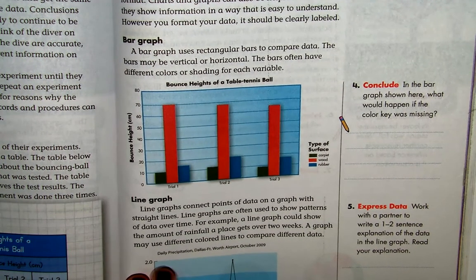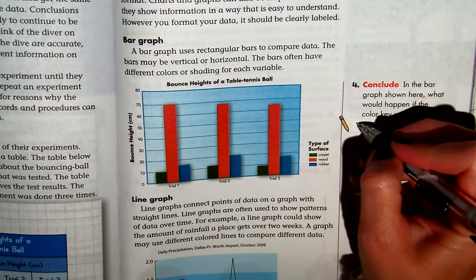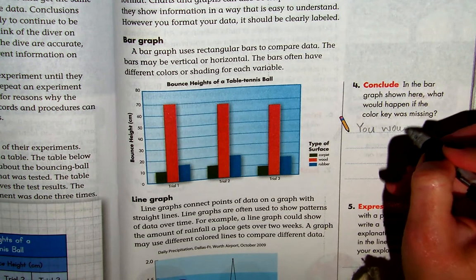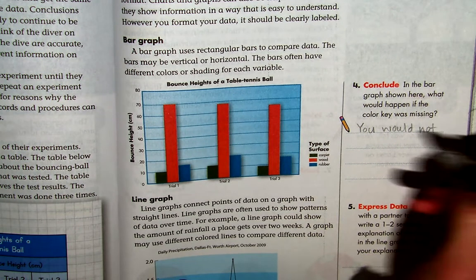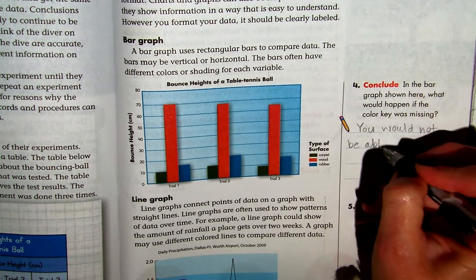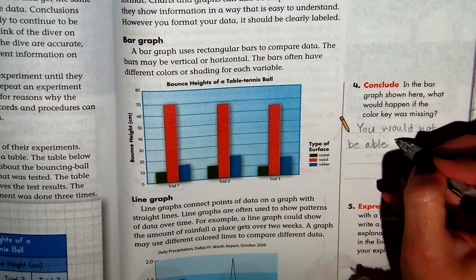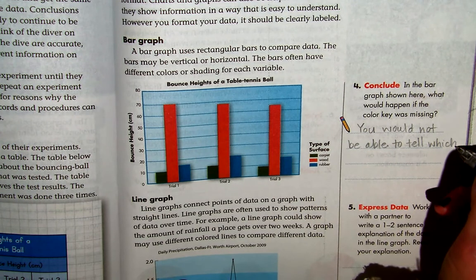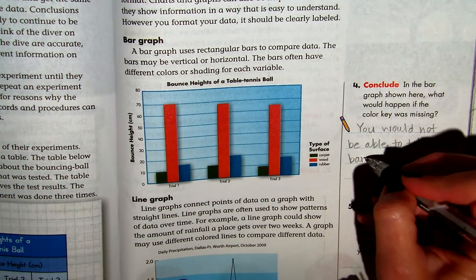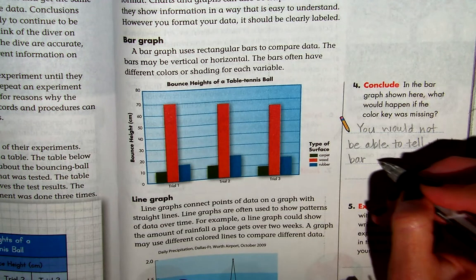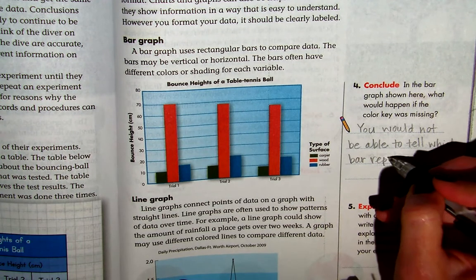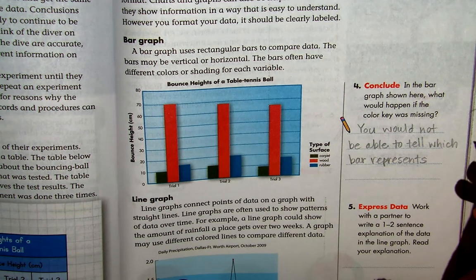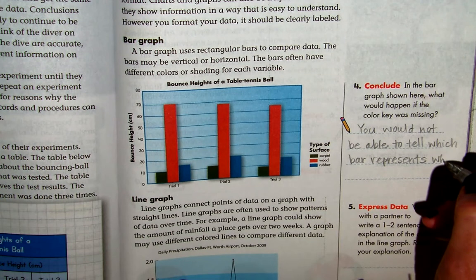So we can say you would not be able to tell which bar represents which surface.